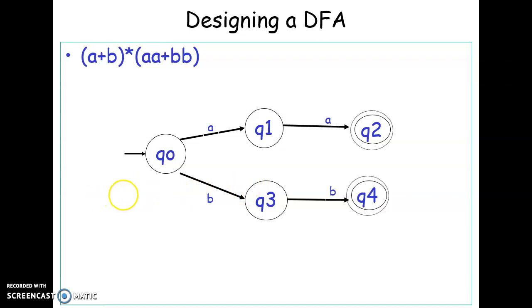Every transition leads to one state with a particular letter. It cannot lead to multiple states. So we cannot have a loop at the state Q0 for A or B because we have already done that, and we already have an outgoing edge with an A which is leading to Q1, and we have an outgoing edge with the B which is leading to Q3.